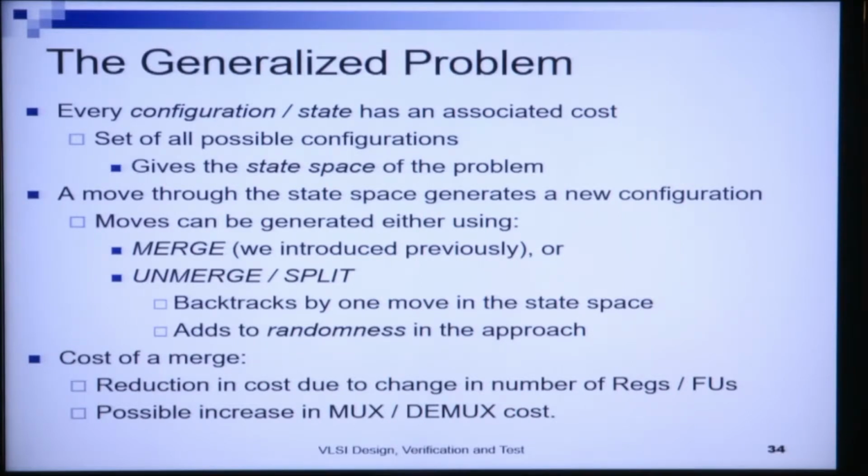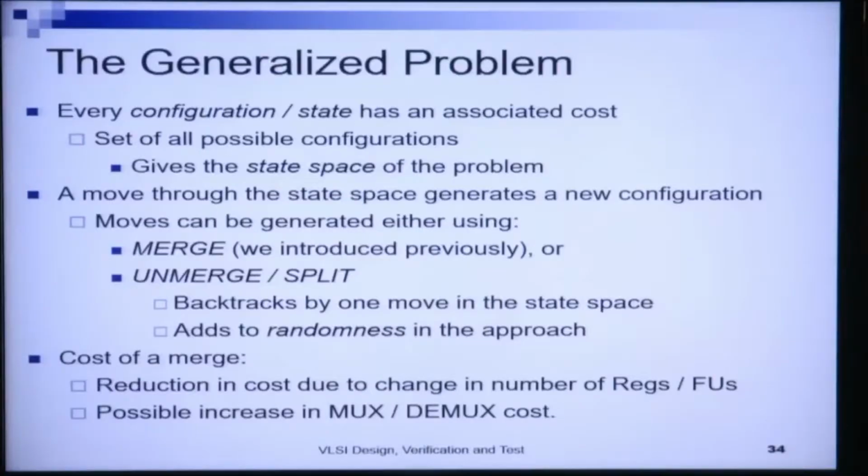So when we have a merge, what do we do? We merge two registers together. That means that I am allocating the same register instance to two temporary registers. Or I am merging two operations together, meaning I am allocating the same functional unit instance to these two operations.